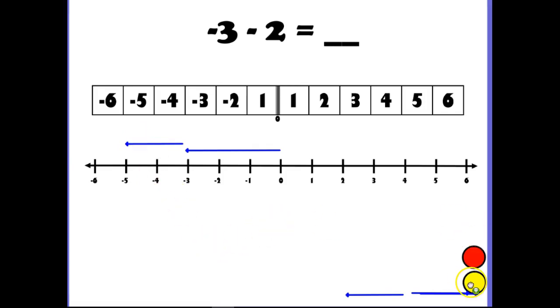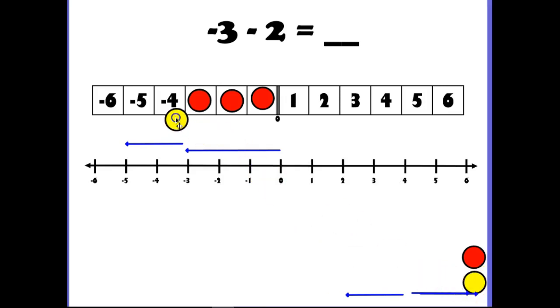So if you want to see it with counters, we need a negative 3. And I need to subtract a positive 2. I don't have any positives, so I need to add positives.